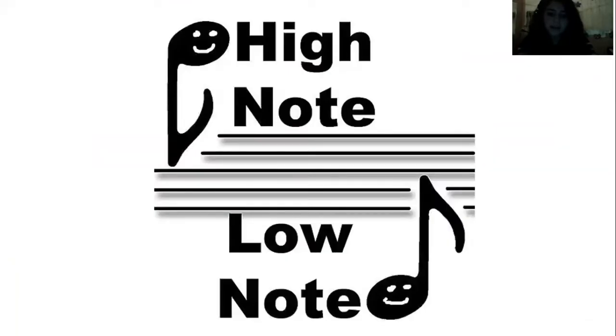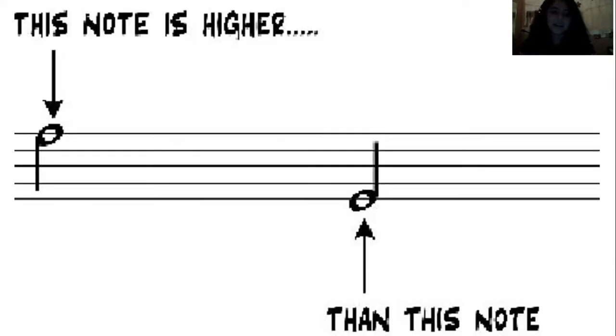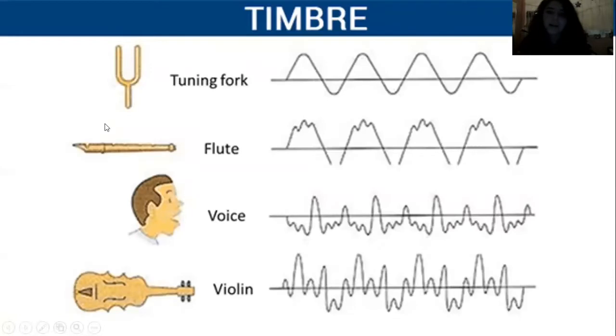And now we have the height of the notes, and that's why this note is higher than this note, and this note is lower than this other note. And we talk about the timbre. This characteristic helps to identify the instrument that is being played.